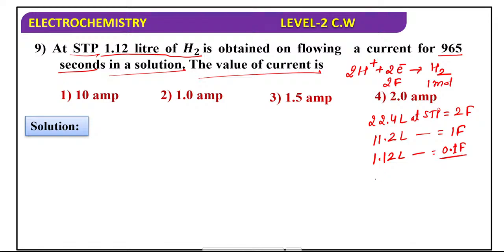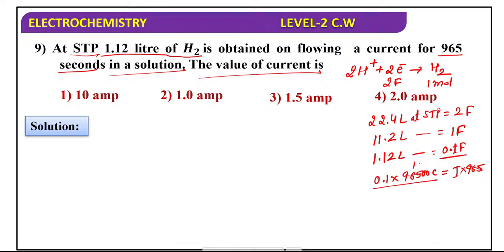And you know 0.1 Faraday means 0.1 into 96,500 coulomb. And that is equal to I into T. I you have to calculate, and time is 965 seconds.